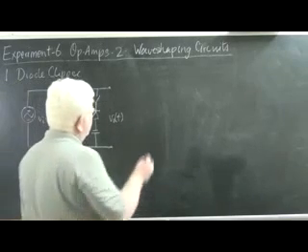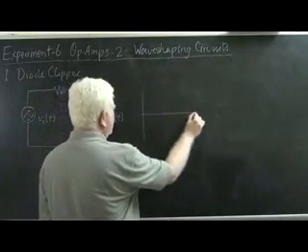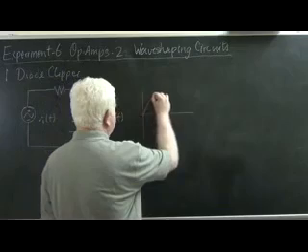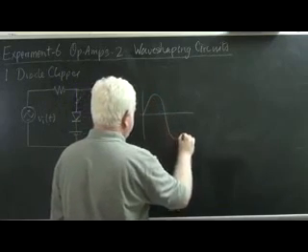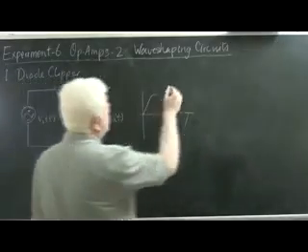Here's how we draw the waveforms. On the input side, we have a sinusoid. This is Vi of t.